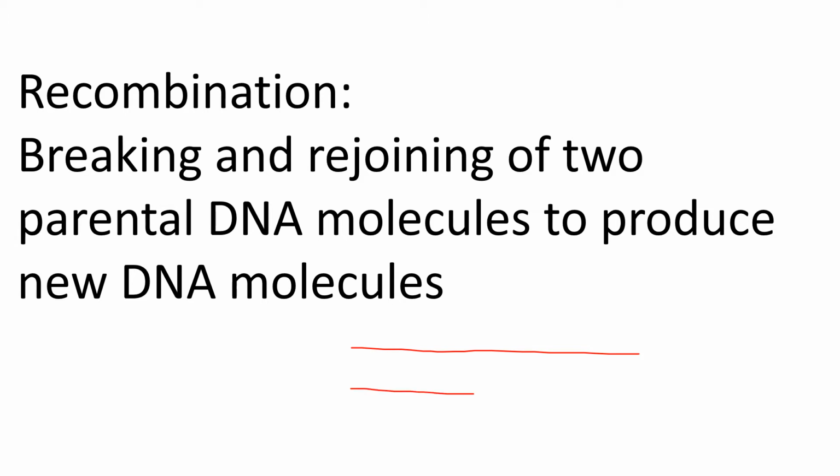Suppose these are two different DNA molecules, then the cutting takes place here, followed by the joining of these two different DNA molecules, which results in the formation of DNA which is totally different than either of the parental cell. This is known as recombination.